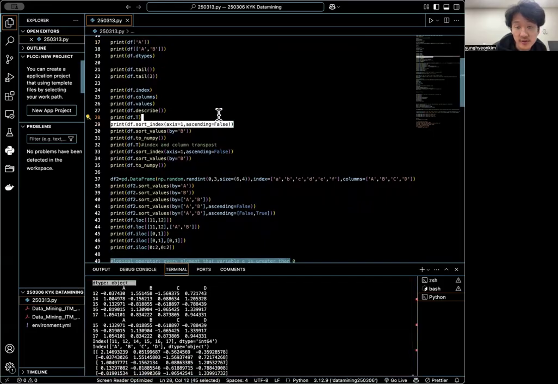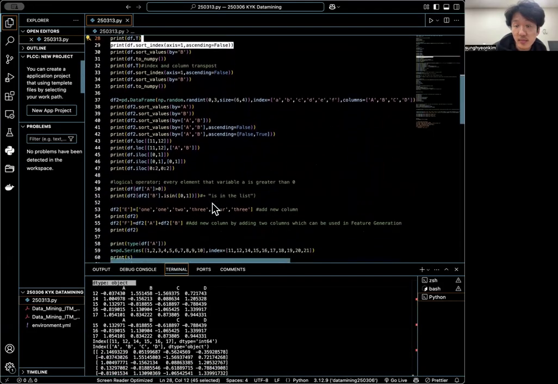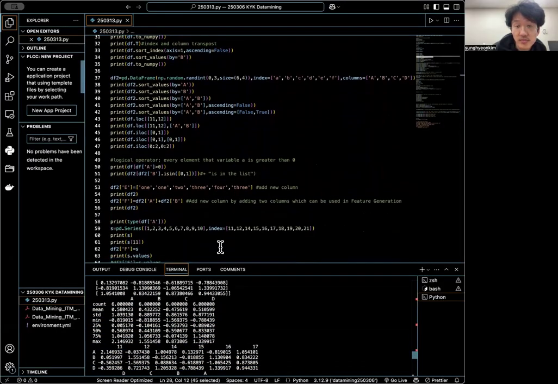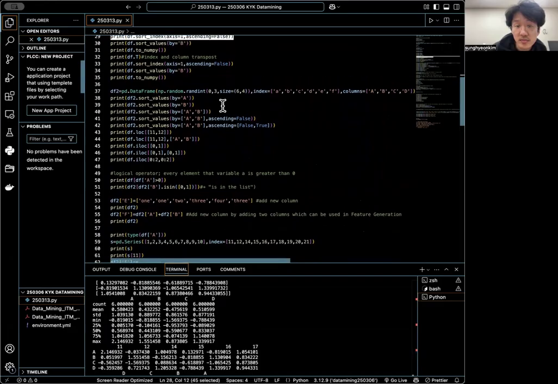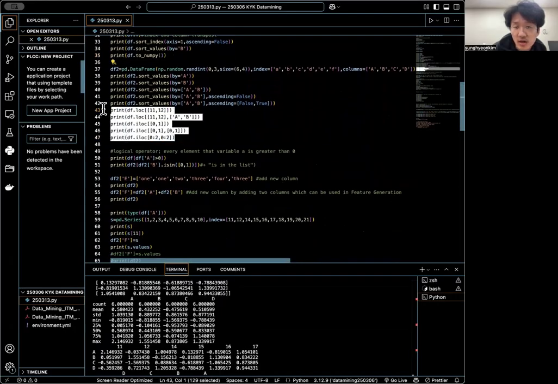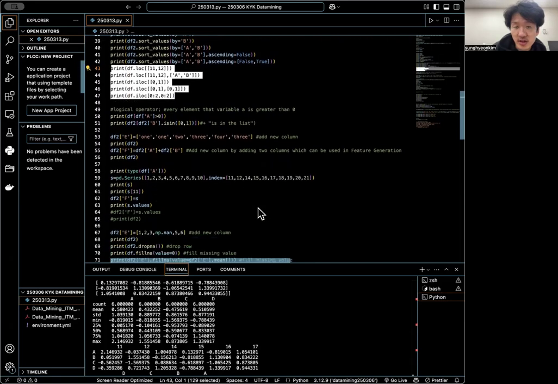And I did sorting. And if you do this, you can change it to a NumPy array. That's a bit confusing, and I think I should figure this out again.